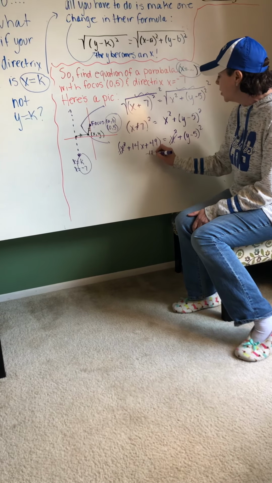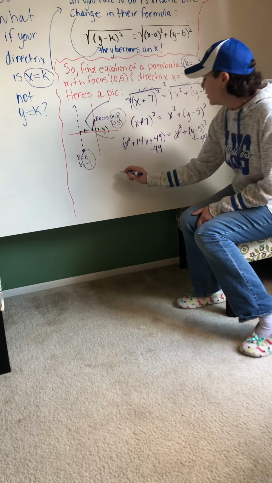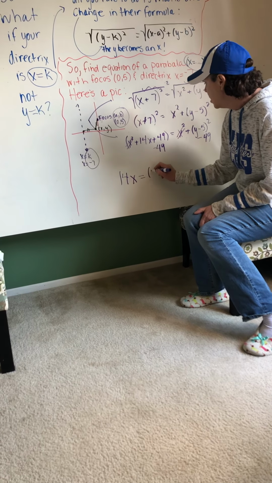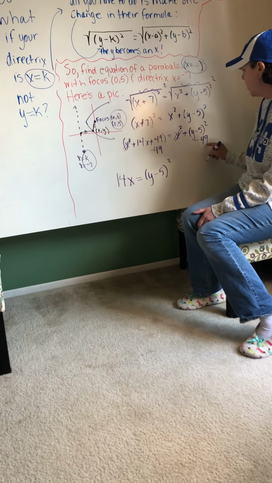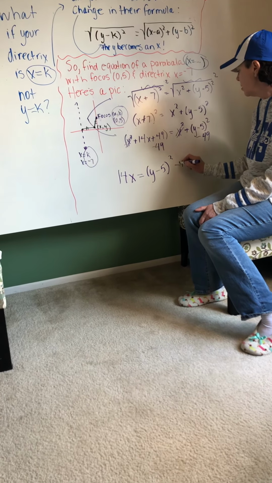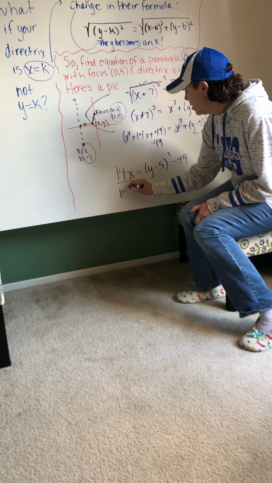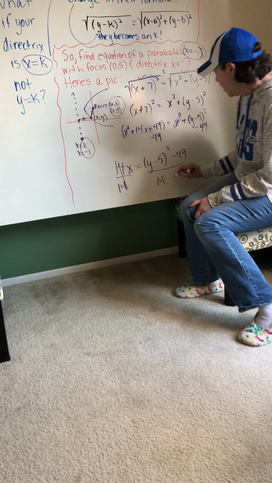Okay, let's work to get that x alone. Let's subtract 49 from both sides. 14x equals y minus 5 squared minus 49. And last, we're just going to divide both sides by 14. There we go.